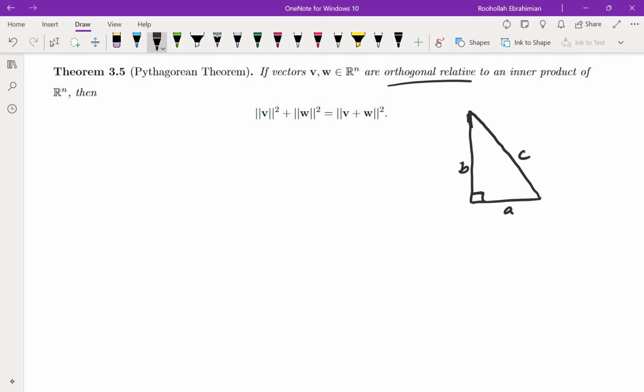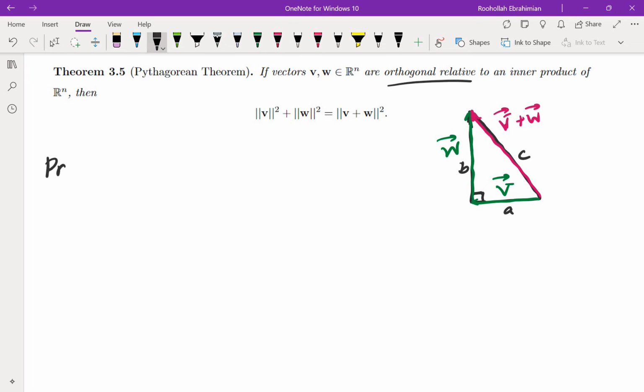We say the inner product is 0. Now we'll have to somehow come up with a relation between the sides and the hypotenuse. So if you call one of these sides V and the other side W, then the hypotenuse is going to be V plus W, which is why we get this condition.